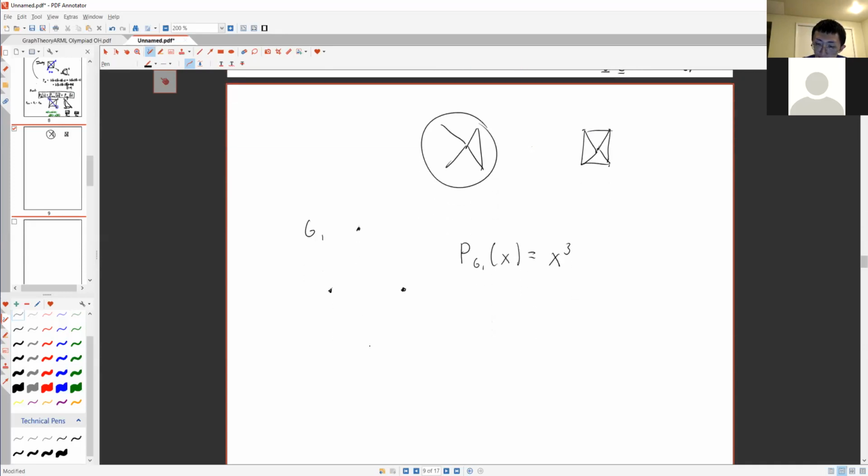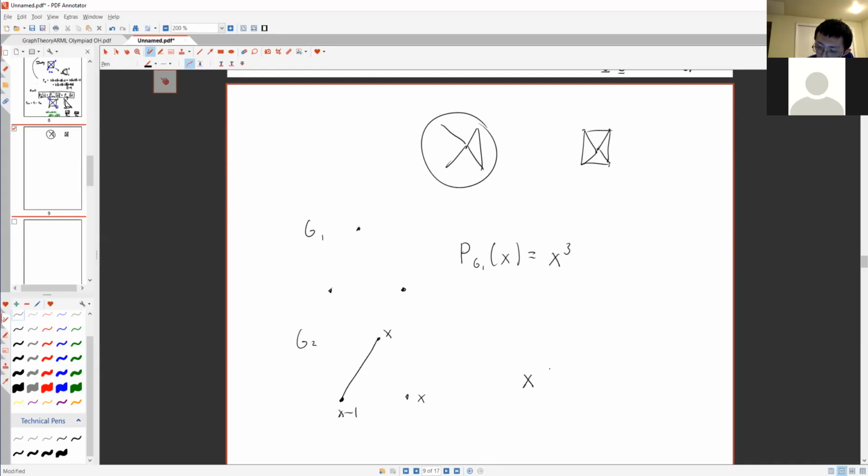And then let's just do, now what about this graph? Well, let's call this G2. So yeah, there's x choices here, and x minus 1 choices there.